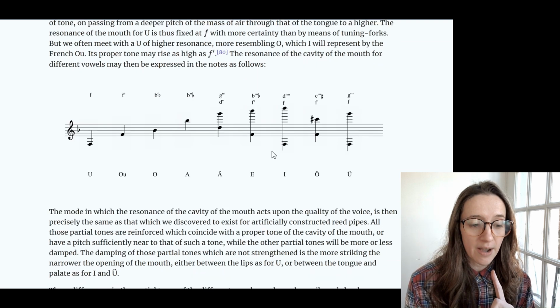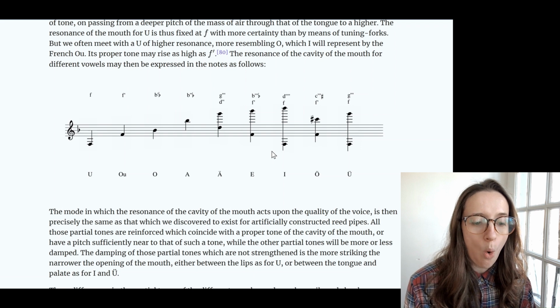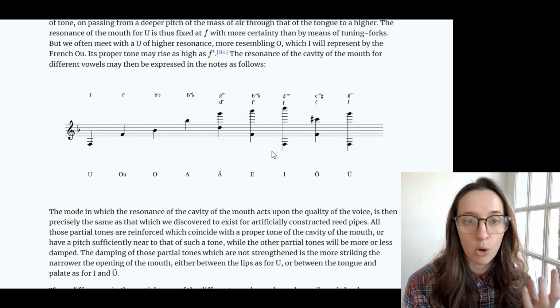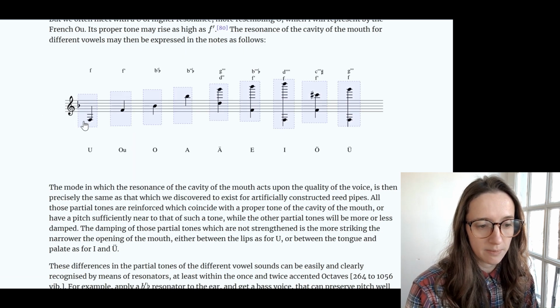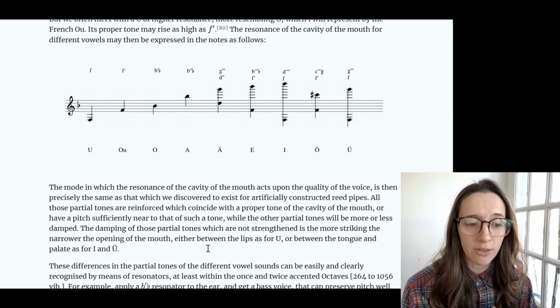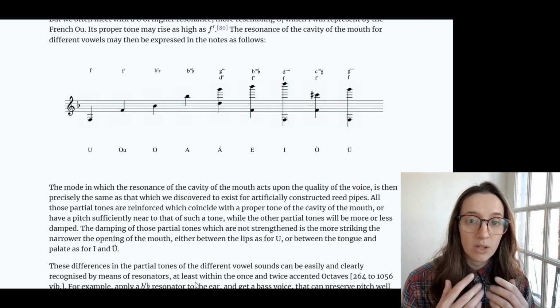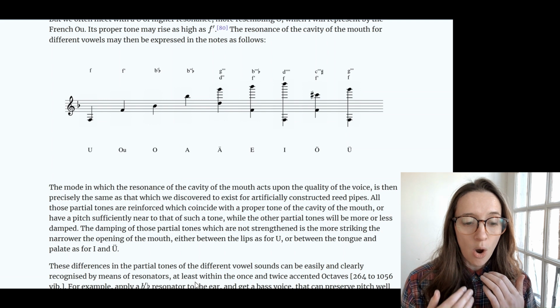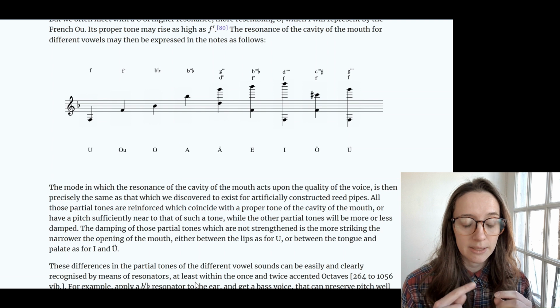First series of vowels is with the lips pursed. U, O, O. And the mouth is a bit more open for each. And with resonators, he determined these pitches. Then we have ah as in father, the most open vowel, followed by the second series, which is open at the back of the throat and constricted by the tongue and the hard palate.